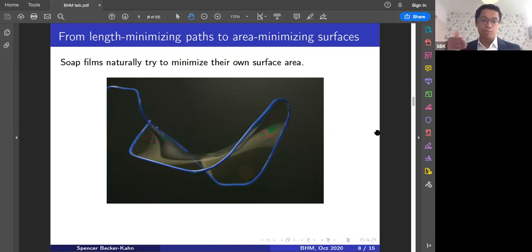You've got that roughly left-right direction in which it's curving like that, and roughly the forward-back direction which is curving the opposite way. So it looks neither completely concave nor completely convex. It's one direction curving up, down, and the other direction curving down, up. So minimal surfaces have that kind of saddle-type curvature at every point on them.